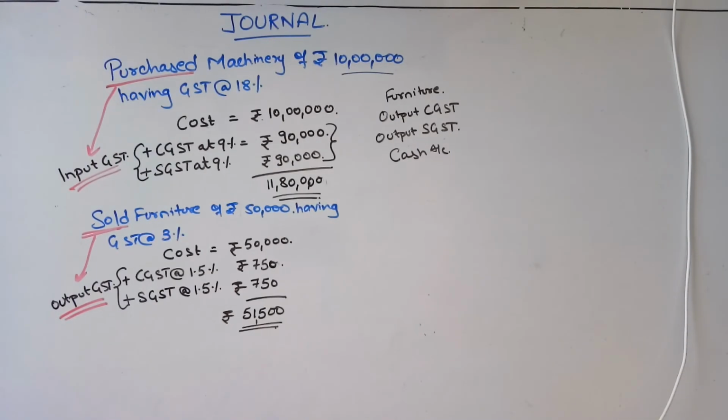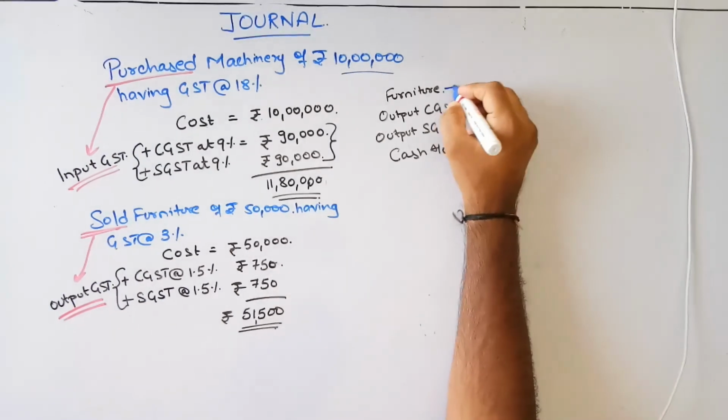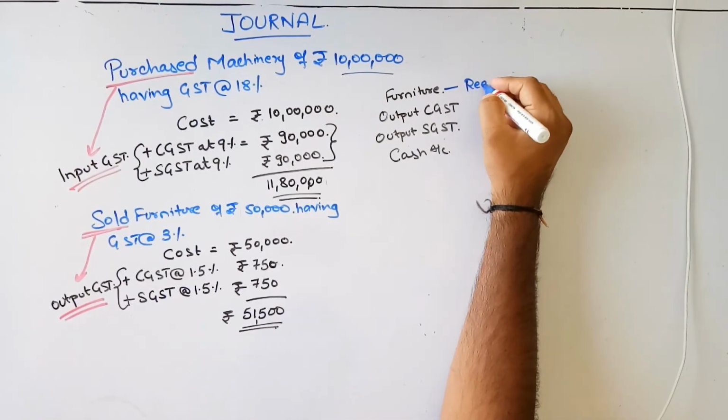Fine. Okay, after this, can you just tell me what all accounts will be debited and what will be credited out here? Firstly, tell me which are personal, real and nominal accounts out here. Furniture, this is very good, real account.